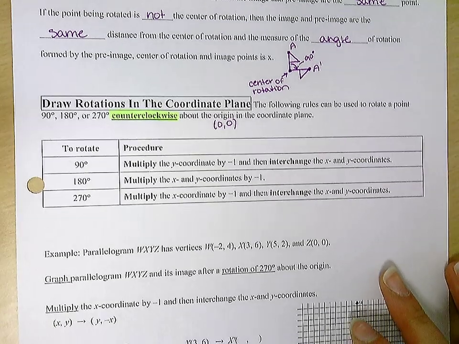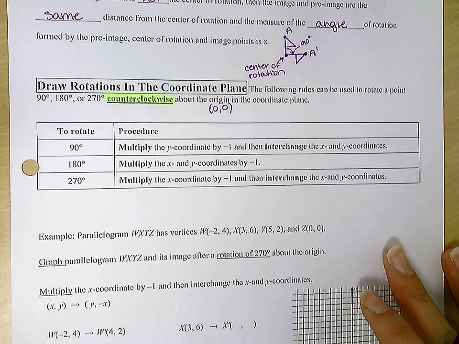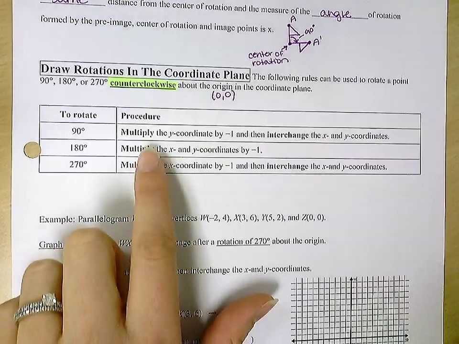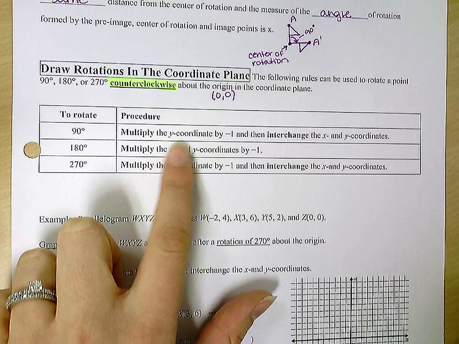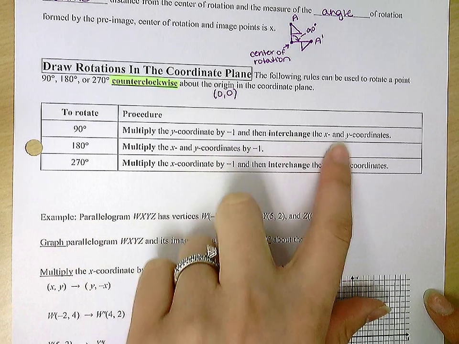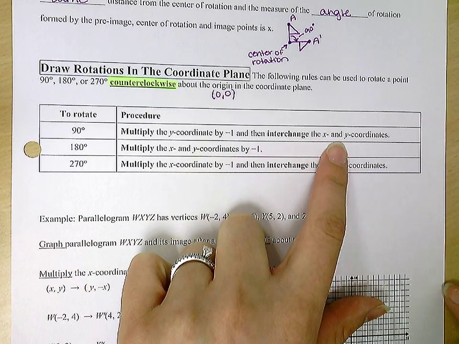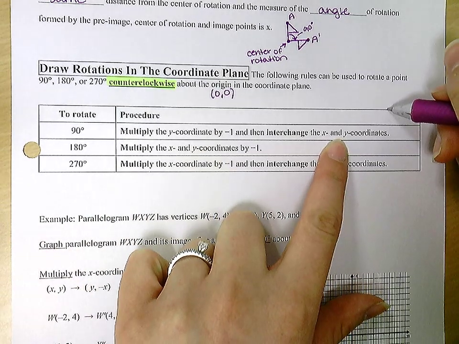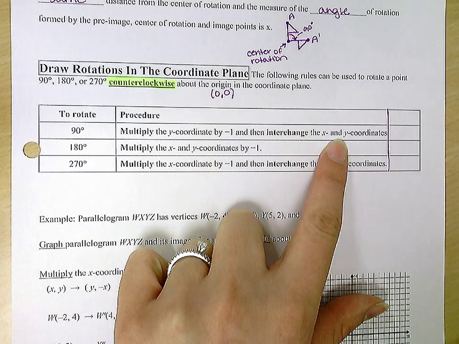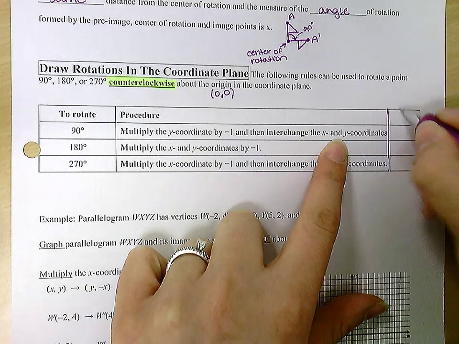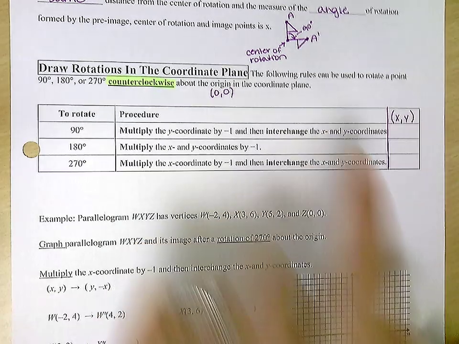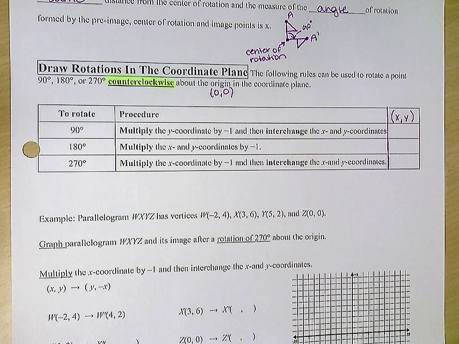So to rotate each of your points 90 degrees, you're going to multiply your y coordinate by -1 and then interchange x and y. I'm going to make an extra column here. My original coordinate is (x, y).